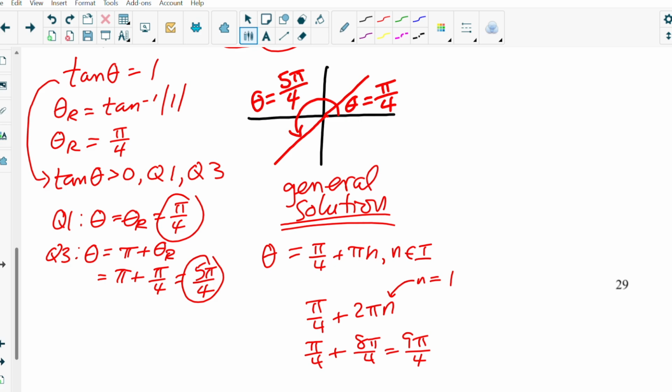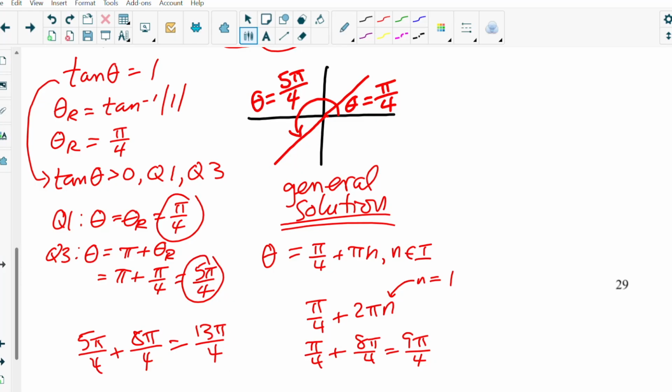And that equals 9 pi over 4. That's fine, but then I have to take my 5 pi over 4 and add the same 8 pi over 4, because now we're thinking maybe the general solution is 2 pi n.